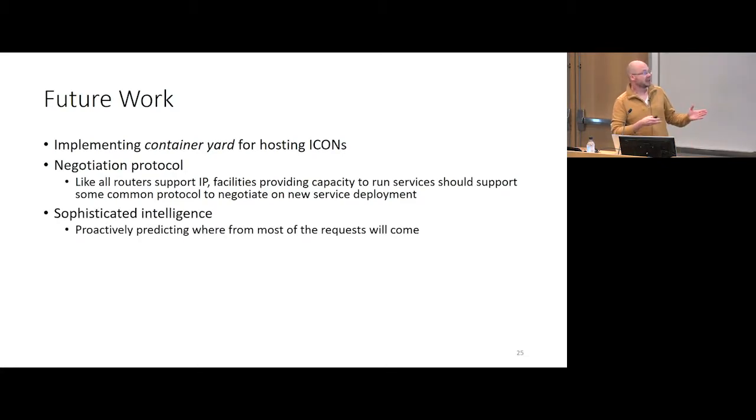Then sophisticated intelligence. It would be nice to be able to proactively predict where end users will be, so containers not only react to the incoming flow, but deploy themselves proactively.